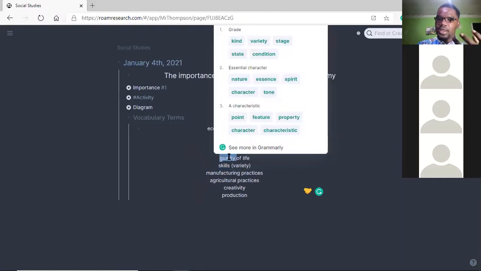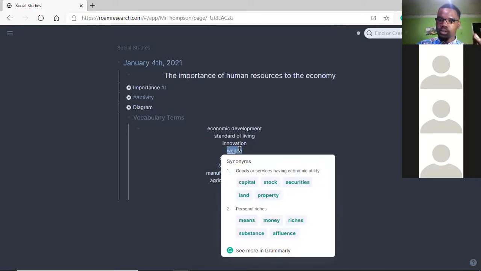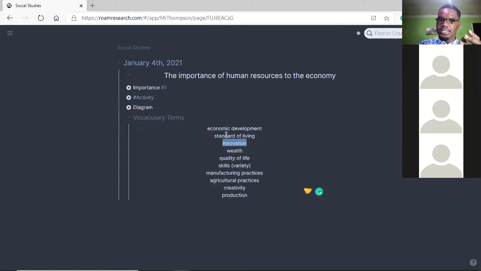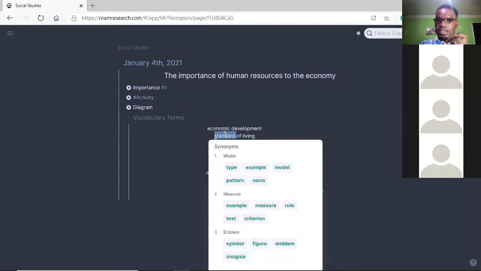The quality of life means to have a better state of life or improved. Wealth just means capital, stock. And there was human capital and physical capital. You should remember the definition of those. And stock and property. Innovation is just creating something new, newness, right? Standard of living. Standard is just, let's see, what's a better word here?